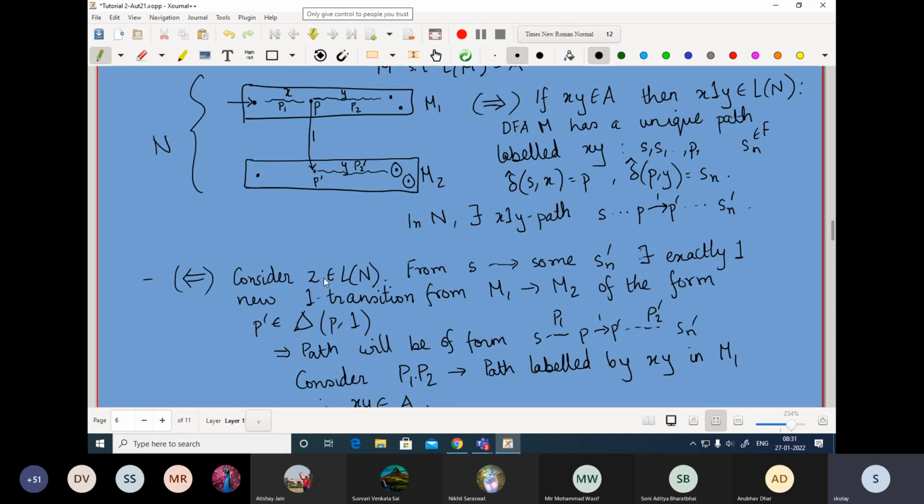I don't know how this Z is going to be broken. So I cannot remove the transitions over here. But notice that M1 is a DFA. So there will exist a 1 transition out of P inside M1 itself, which I cannot get rid of. So there will be at least 2 things like this. This is a proper NFA. I can't get rid of this one. Could I answer your question? Yes, ma'am. Okay. Any other questions?